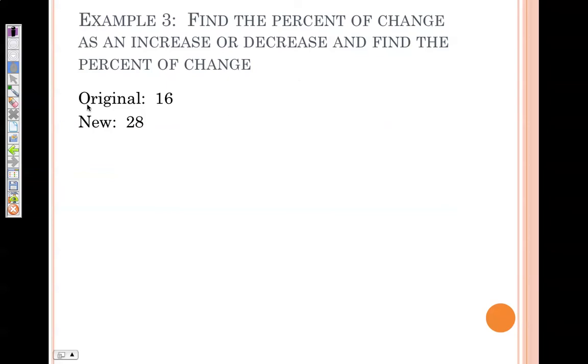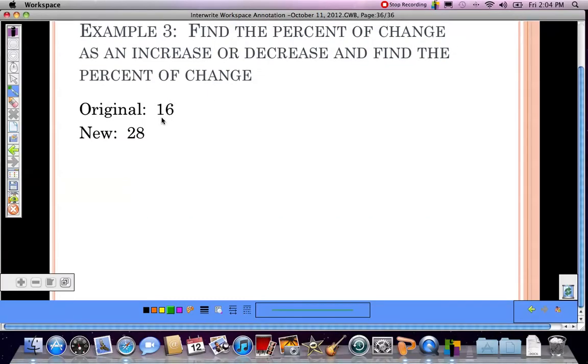All right, for this example, it says find the percent of change as an increase or decrease and find the percent of change. It gives you the original amount and the new amount. So we can see the original amount is 16 and the new amount is 28. So this is for sure going to be a percent of increase that we are looking for.